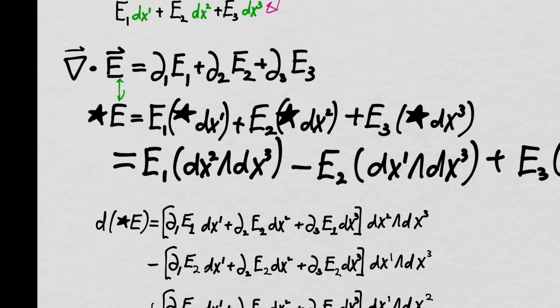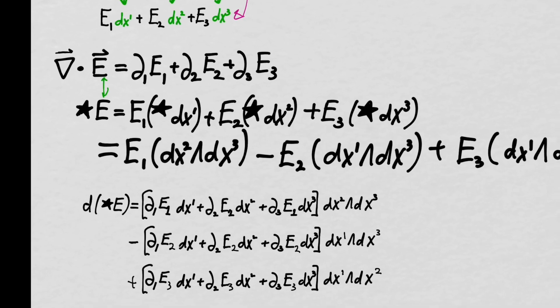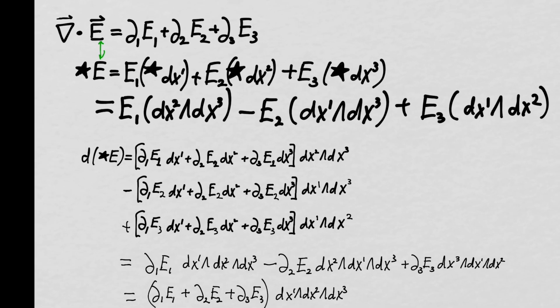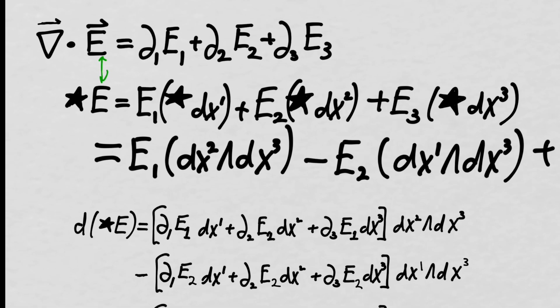And then we are going to find its Hodge dual. We know how to do the Hodge dual because we did that in the entire last lecture. The Hodge dual is linear over the coefficients of the one form, so we pull out E1, E2, and E3, and we're now looking at the Hodge dual of the basis vectors, which we calculated last time. The Hodge dual of dx1 is dx2 dx3.